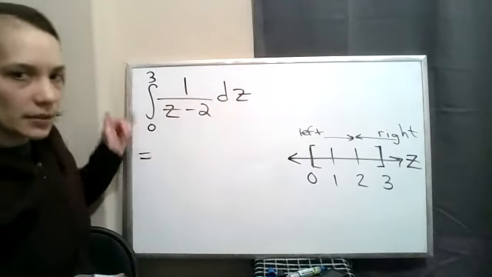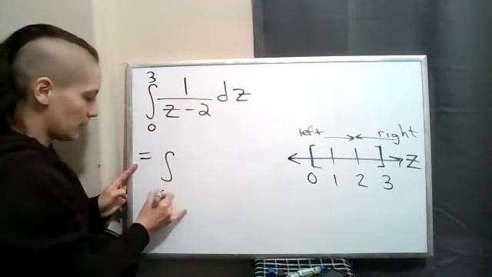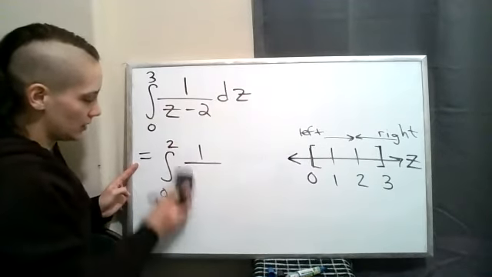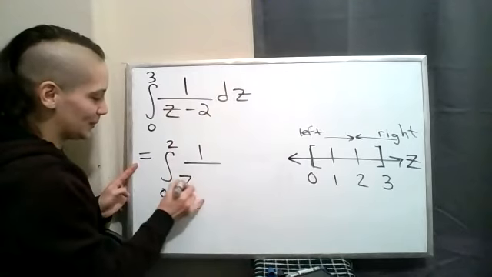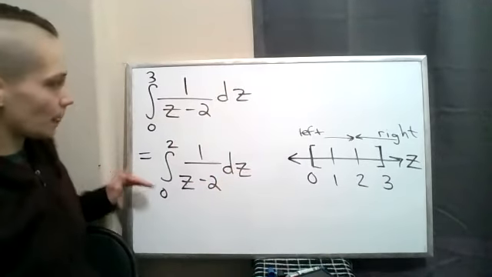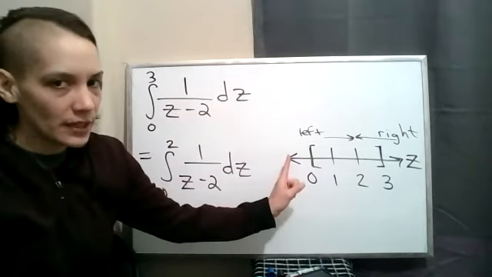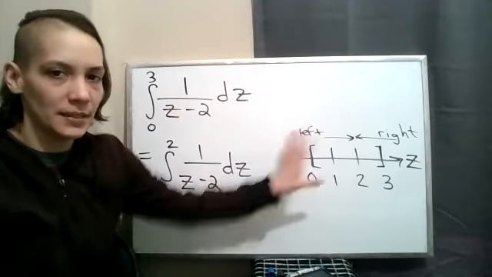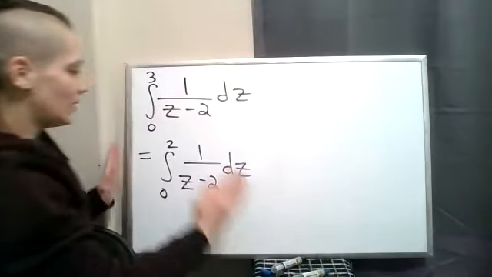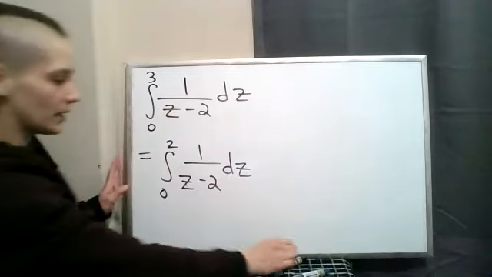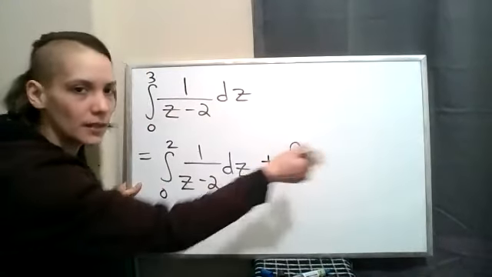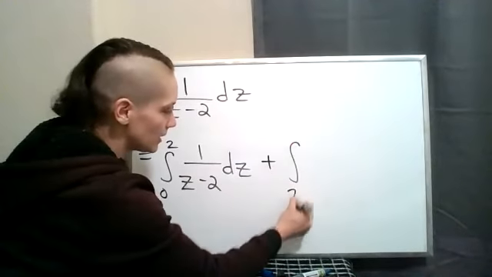So we'll go from 0 to 2: integrate from 0 to 2 of the same function, 1 over z minus 2 dz. And then I can draw this picture to the side. It'll help when we talk about the limits, but we need some space. So we got one part, and we need to go from 2 to 3. So add the integral from 2 to 3 of 1 over z minus 2 dz.